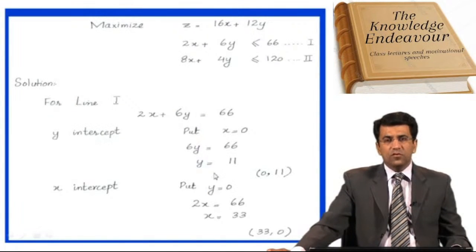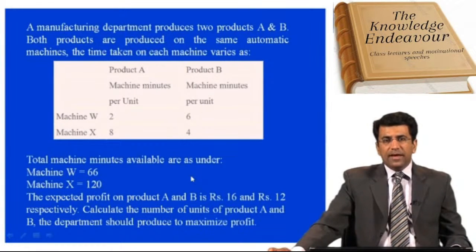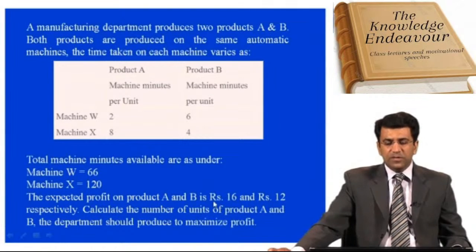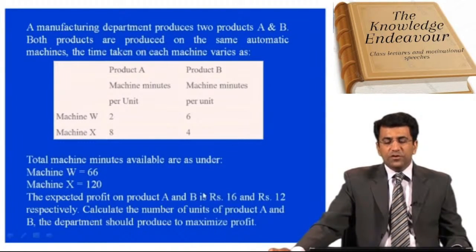Now again class, we will follow the similar method we have just discussed. First of all, we'll have to formulate an objective function. Now in this particular case, our objective function is the maximization of profit. Now if we produce 1 unit of product A, the profit is 16, and suppose that we are producing x1 units of product A or x units of product A, then the total profit for this particular product A will be equal to 16x.